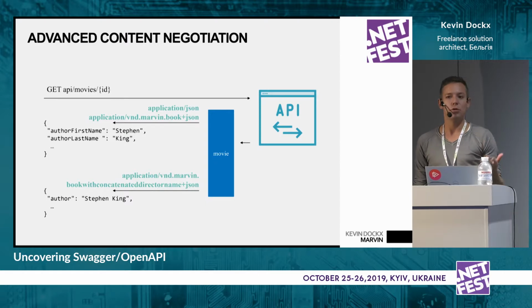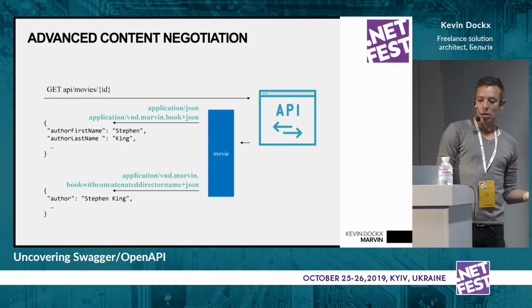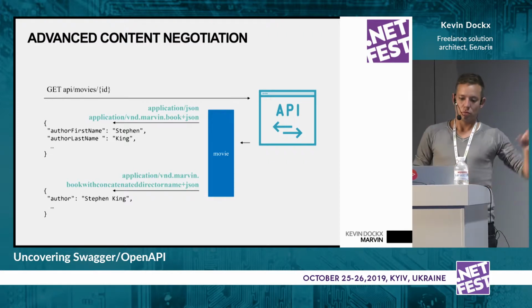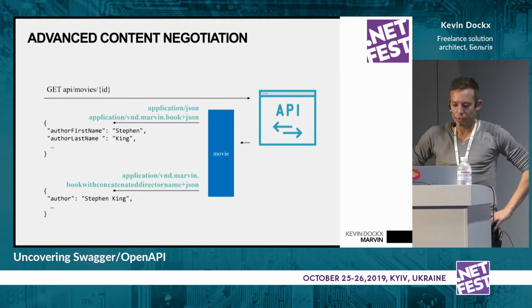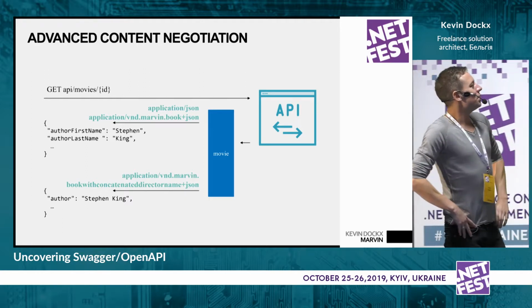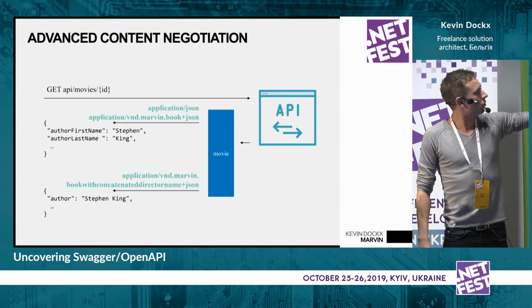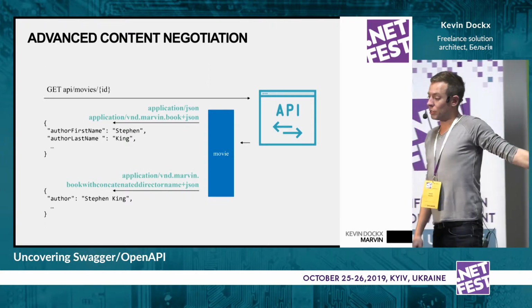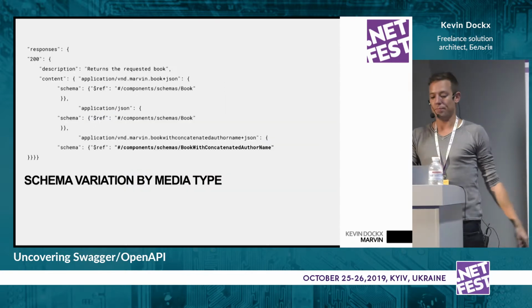So you simply create your own media types. And you state, okay, I want the author. I've been mixing up a few things here. Anyway, you create the media type and you say, I want that one in a regular version, or I want it with a concatenated name.